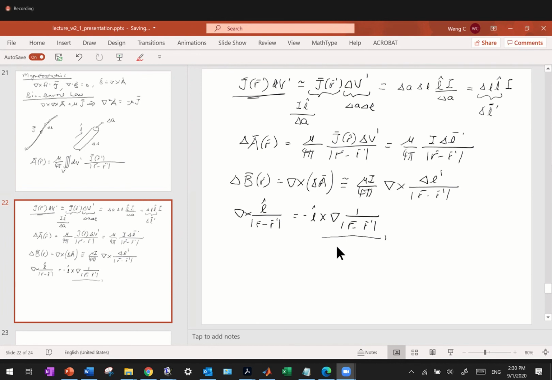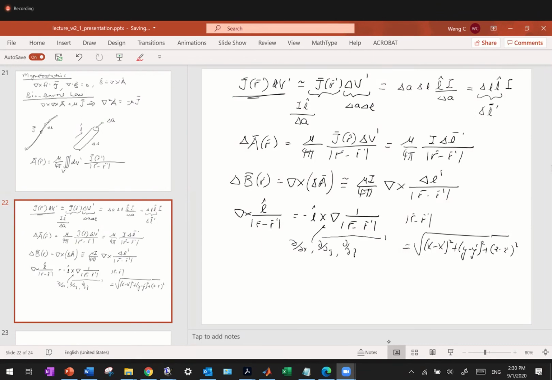You just have to bear in mind that R minus R prime can be written in Cartesian coordinates: x minus x prime squared plus y minus y prime squared plus z minus z prime squared. If you know how to differentiate this with respect to x, y, z, this is what it means: differentiation with respect to x, with respect to y, with respect to z.